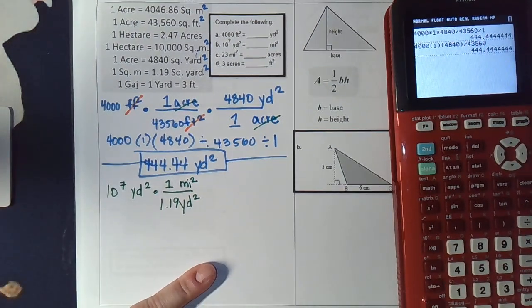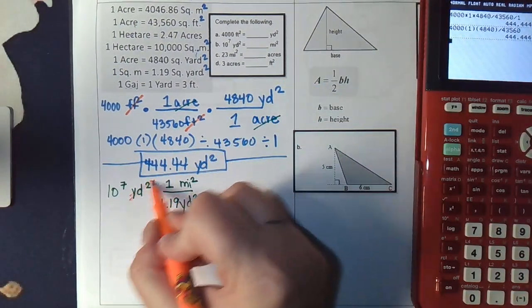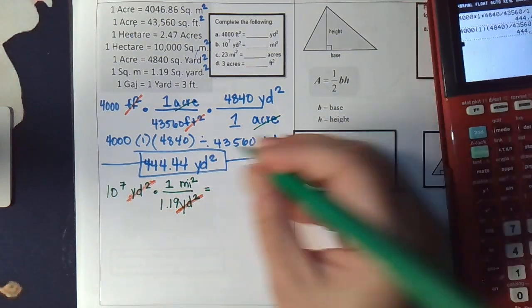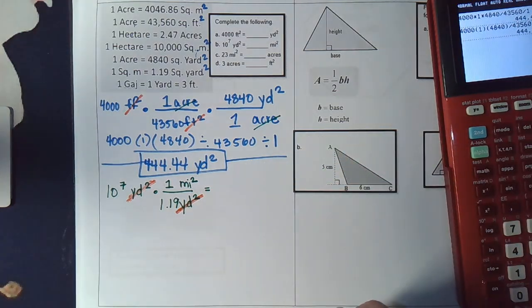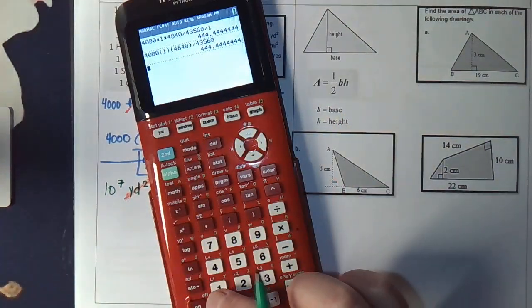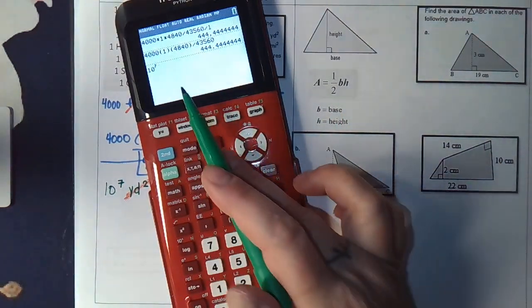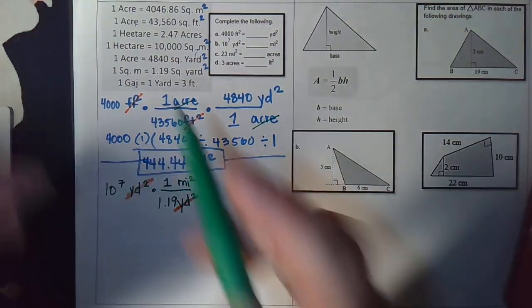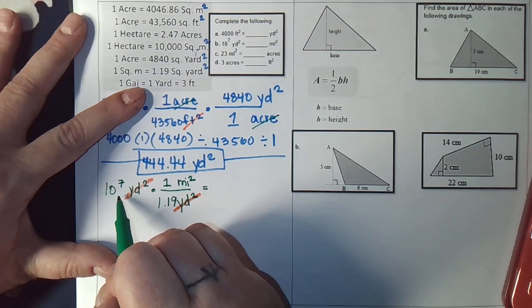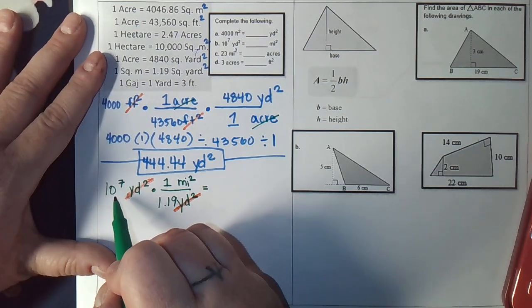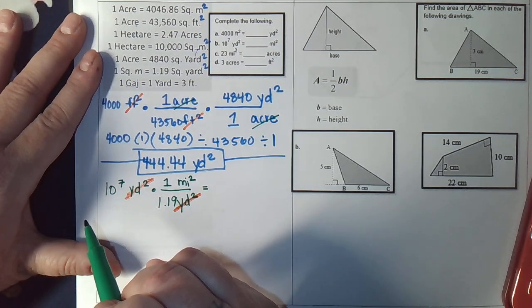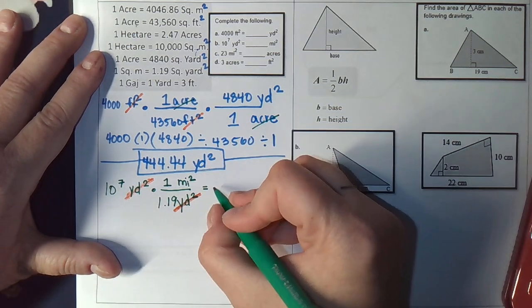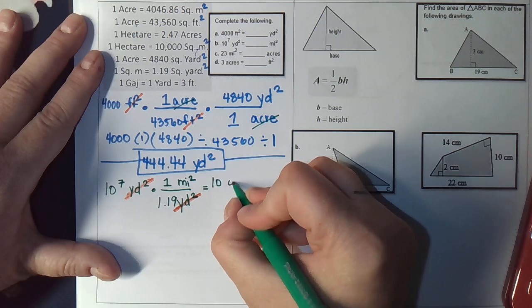Well, let's see what happens. The yard squares cancel, and then in our calculator, we're going to press 10 caret 7, or 10 exponent 7, which means we have 7 more zeros on this.